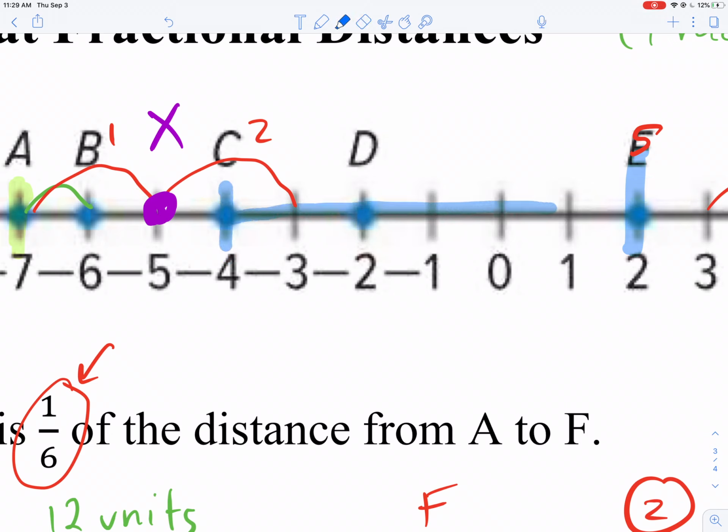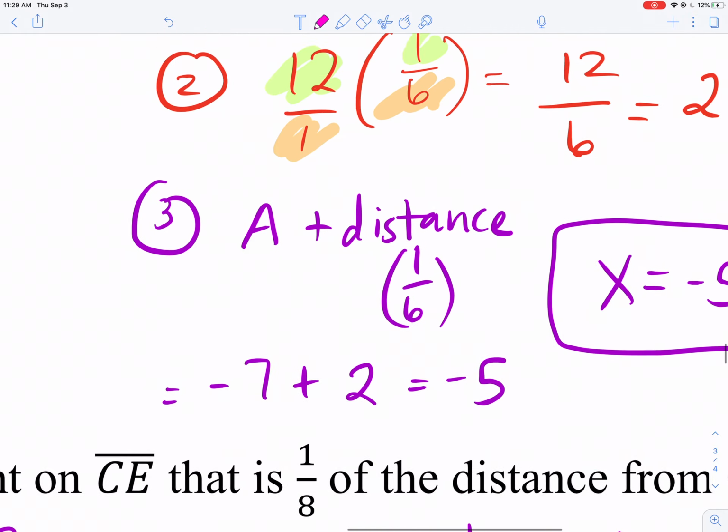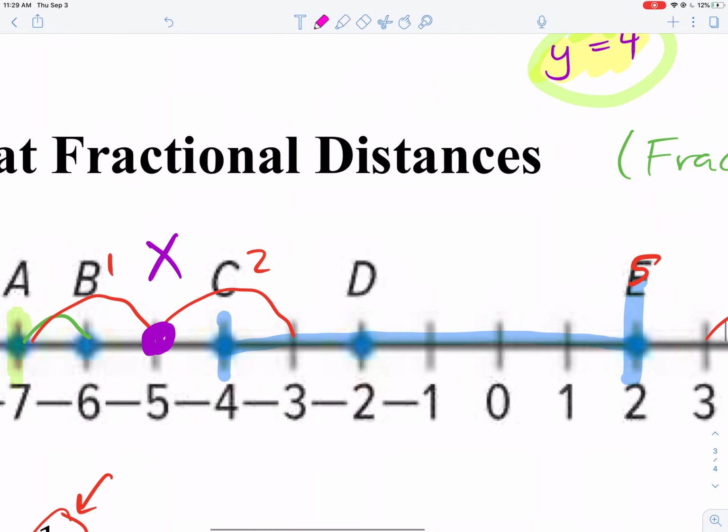CE is here, and I'm at -3.25. So 1/8 of my distance is going to be here at -3.25. And that's how we locate a point given a fractional distance from the endpoint.